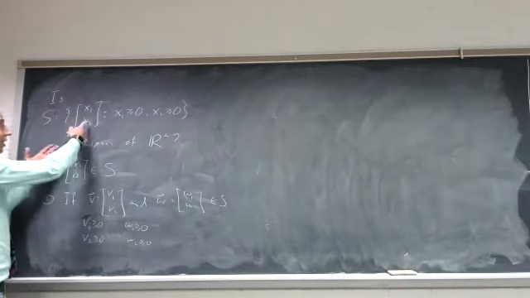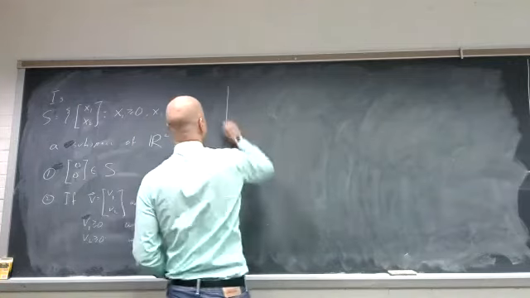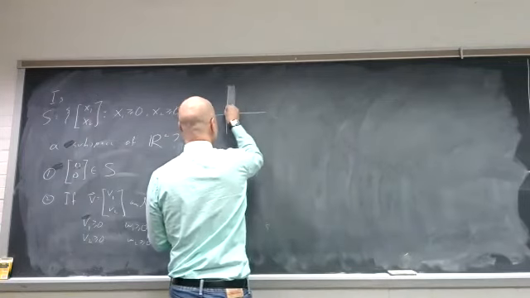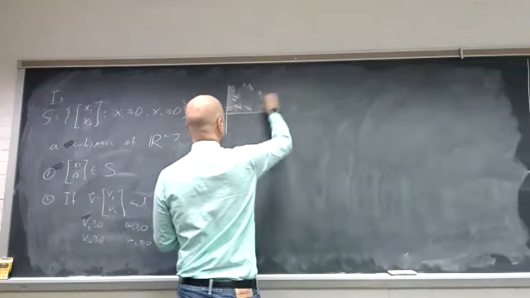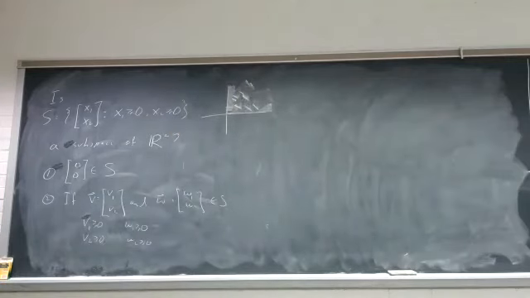That's what it means to be in this S. It's basically just all the vectors in the first quadrant, including the axes, all the vectors whose first and second components are both non-negative.